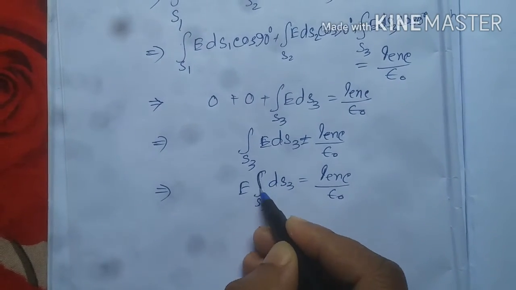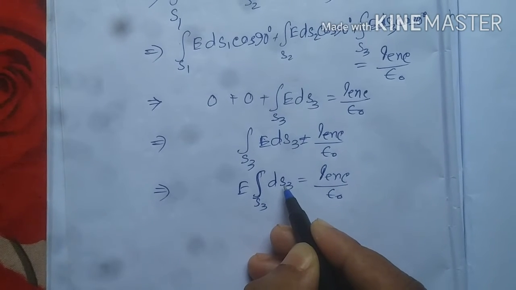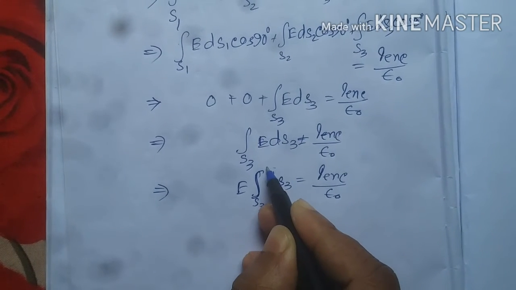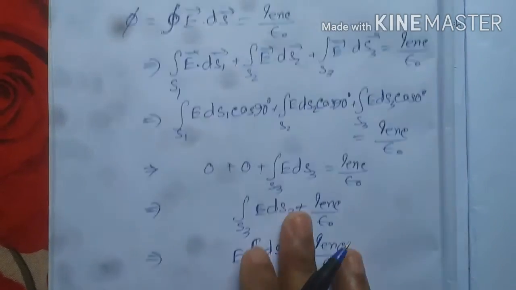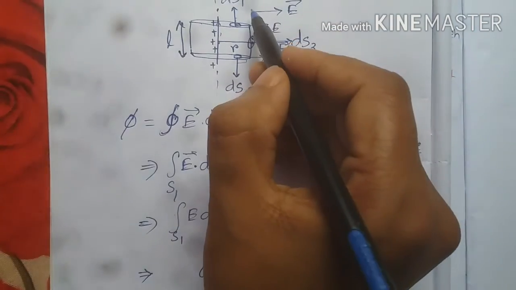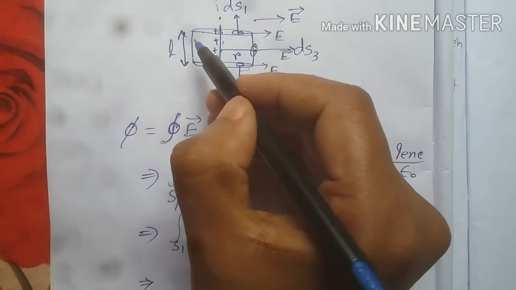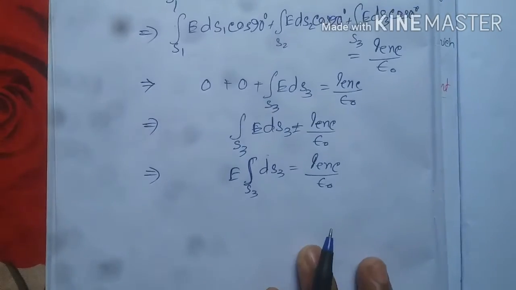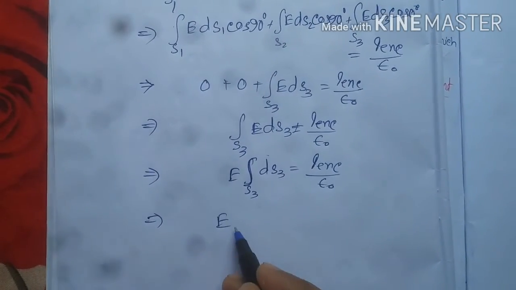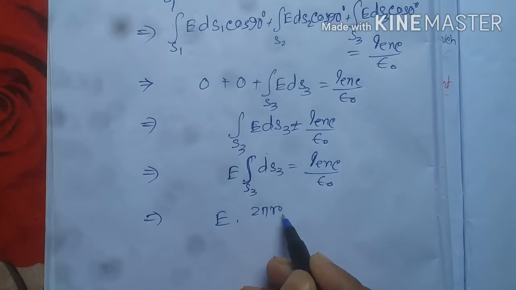The integration of ds3 means we have to take all the area of the S3 surface. Here the S3 surface is the curved surface of this cylinder, and we know the curved surface area of a cylinder is 2 pi rL. So here E into 2 pi rL.